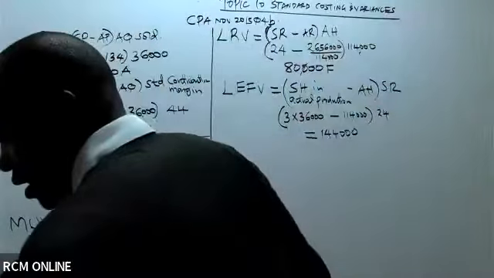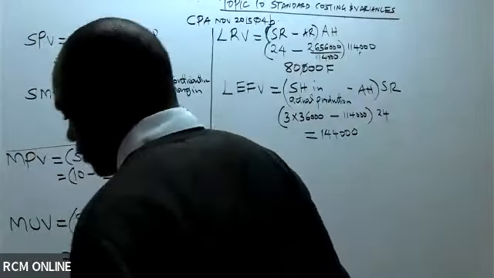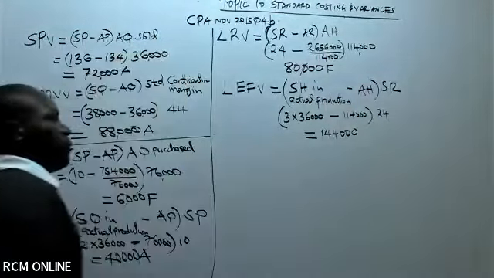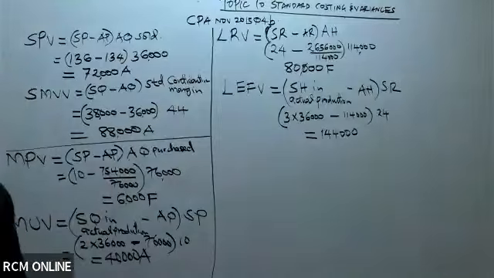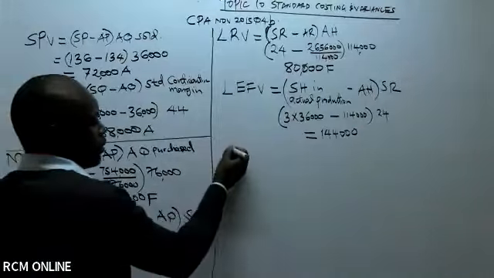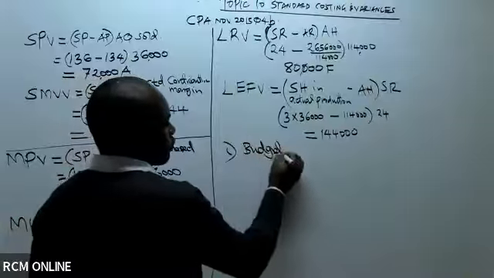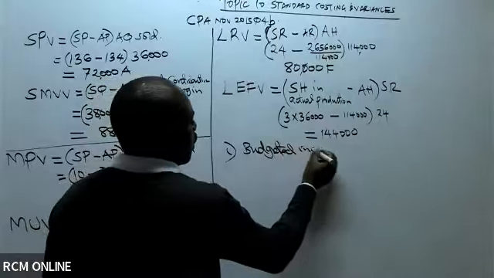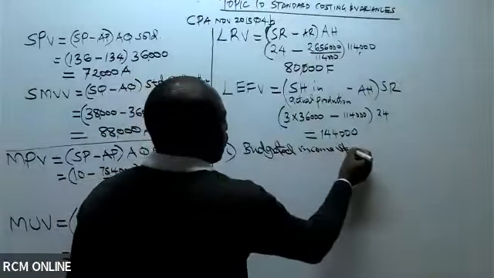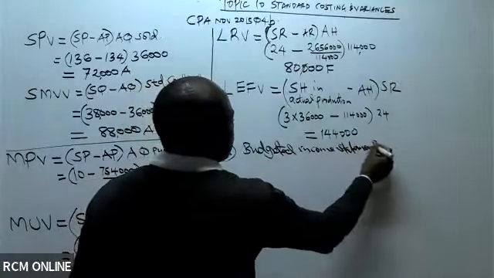Because of time, I will not be able to reconcile it. But I want you to go during your free time between now and Friday to prepare for me number one, budgeted income statement.